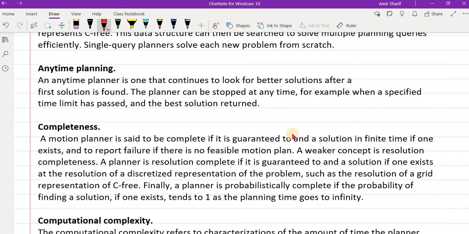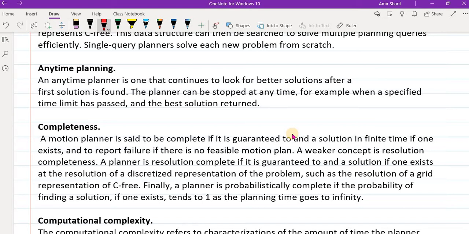As the name suggests, it can be stopped anytime. For example, you want to plan a path in a configuration space, you start to run your path planning algorithm, and then you just stop it. Even if you stop it, it will give you some kind of solution.